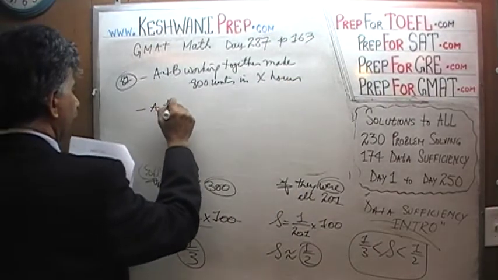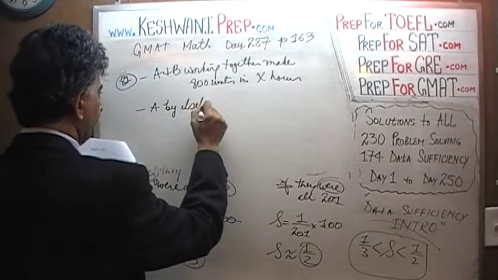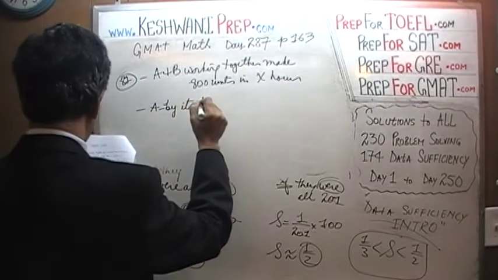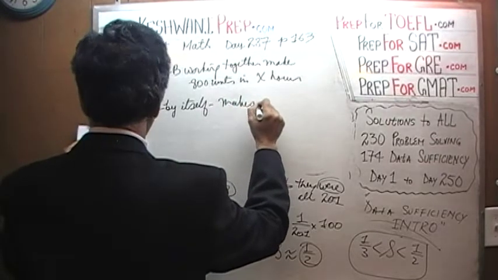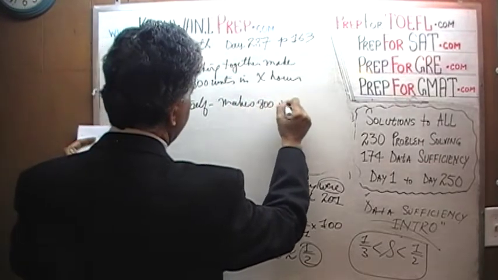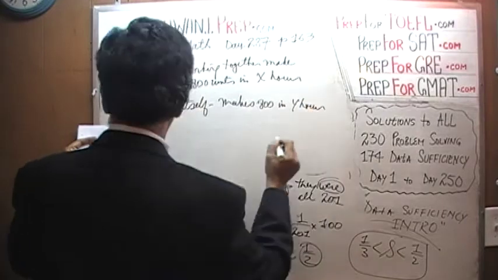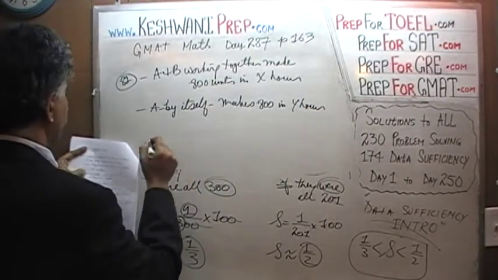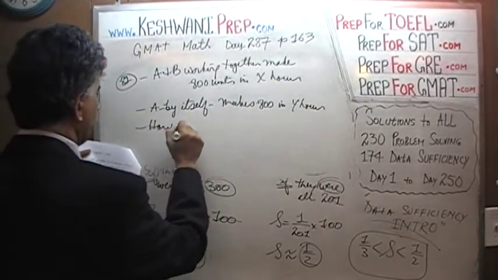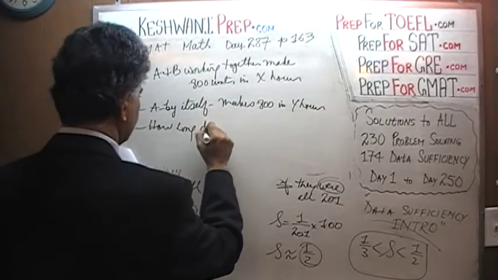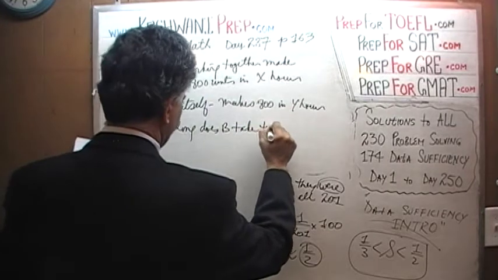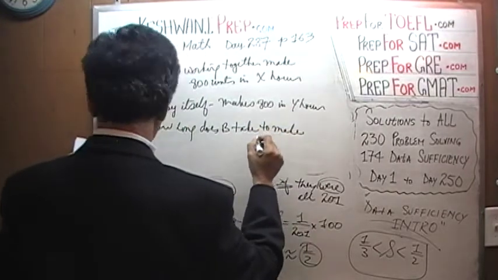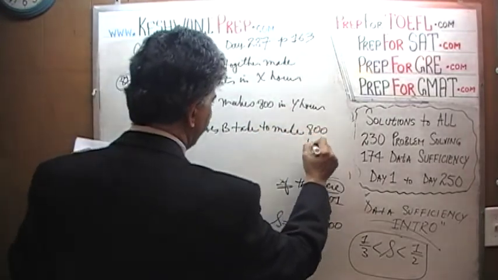A by itself makes 800 units in Y hours. The question is, how long does B take to make 800 units?